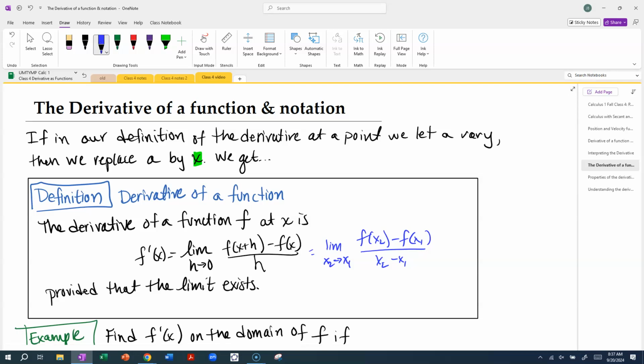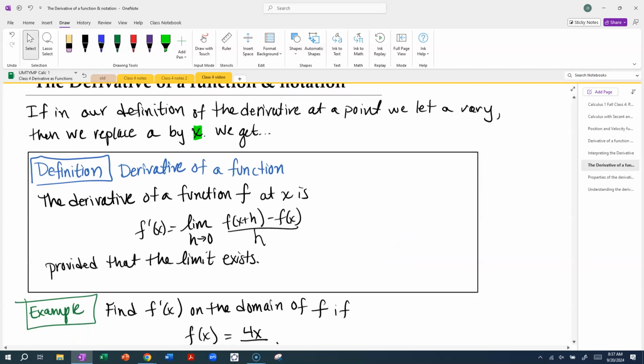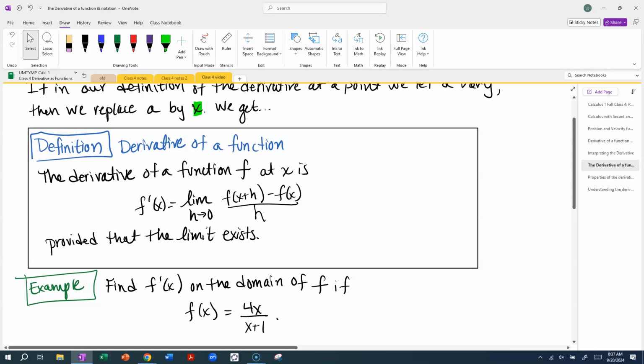And so we're looking at any point. So that's why we don't really want to use that version of the average rate of change for the definition of the derivative of an entire function.